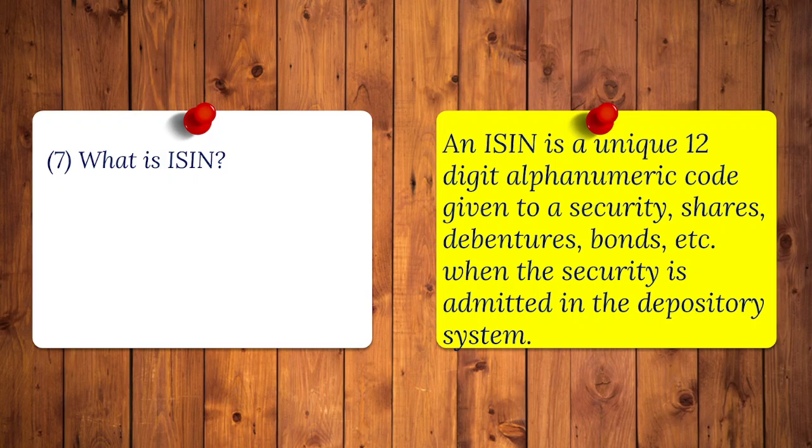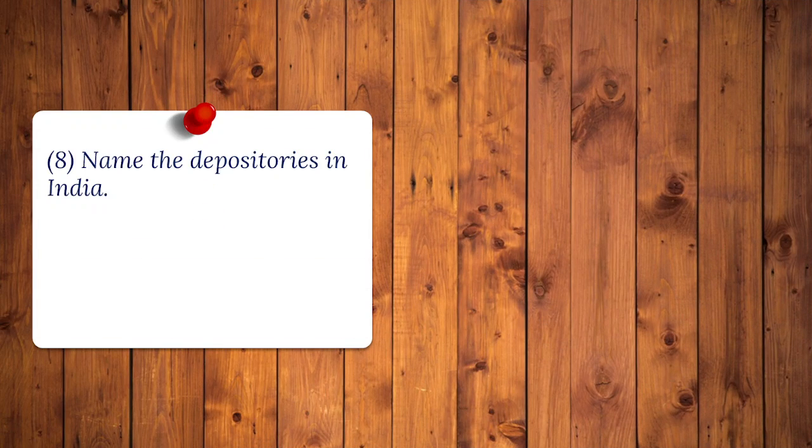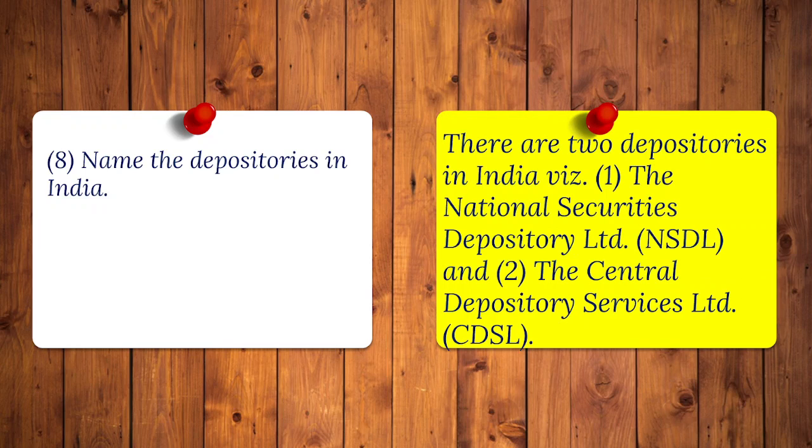An ISIN is a unique 12-digit alphanumeric code given to a security, shares, debentures, bonds, etc., when the security is admitted in the depository system. 8. Name the depositories in India. Answer. There are 2 depositories in India, namely, 1. The National Securities Depository Limited, that is NSDL, and 2. The Central Depository Services Limited, that is CDSL.